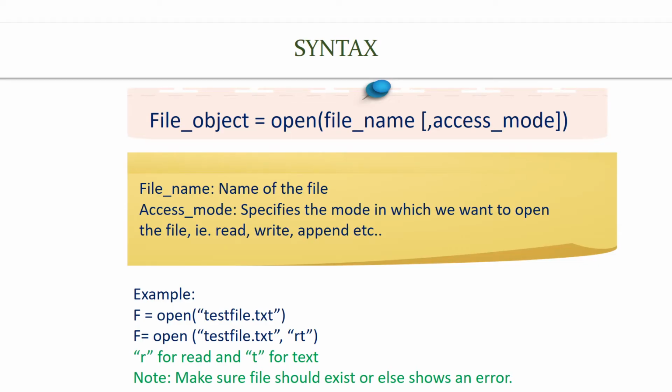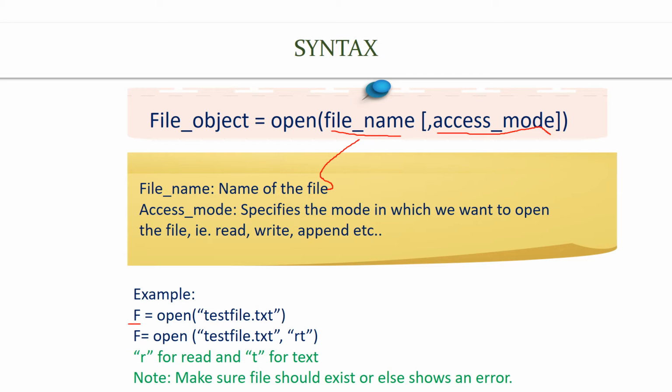Now what is the syntax for opening a file? Here, file object is equal to open of file name, then in brackets we specify the access mode. The file name is the name of the file, and the access mode is the mode in which we want to open the file. It can be read, write, or append, or whatever it may be. Here I have given some examples.